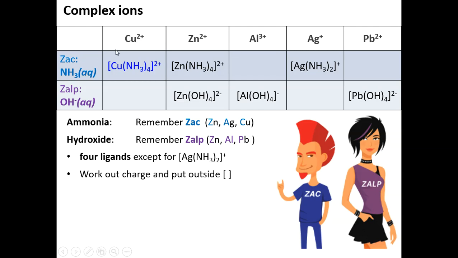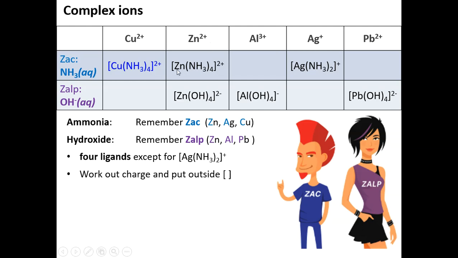So with ammonia, copper forms a royal blue complex ion, and the charge for the copper ammonia complex ion is 2+, because copper is 2+, ammonia is neutral, so 2 positives plus 0 plus 0 plus 0 plus 0 from each ammonia gives you a sum of +2.